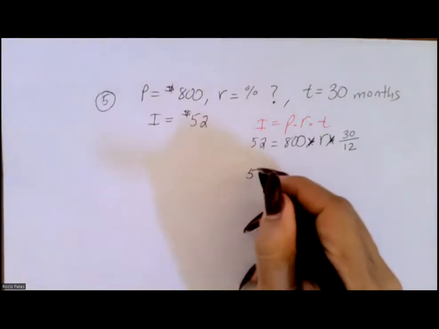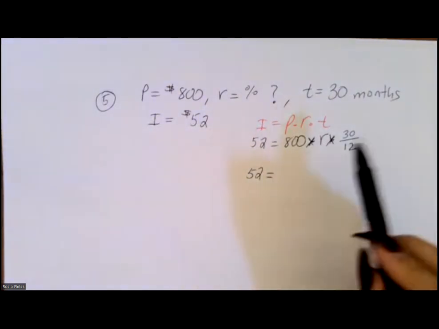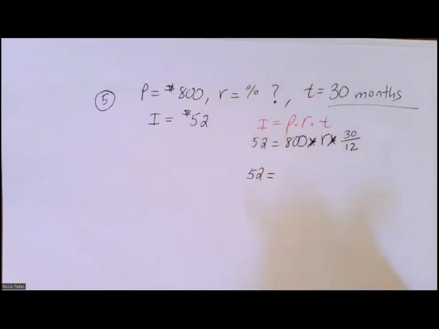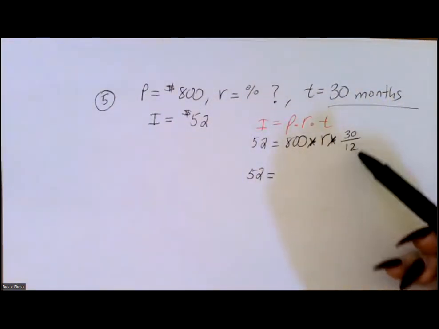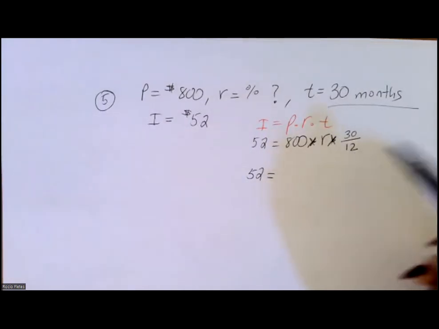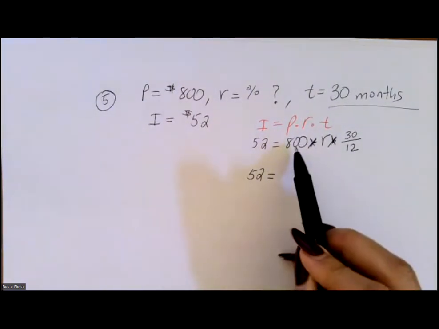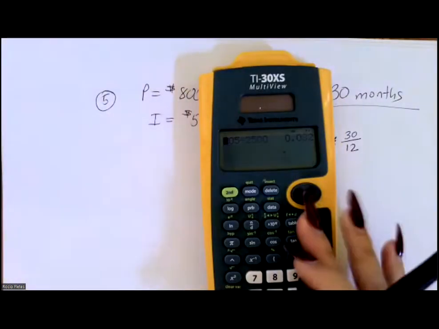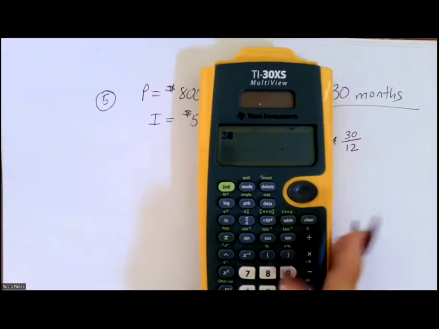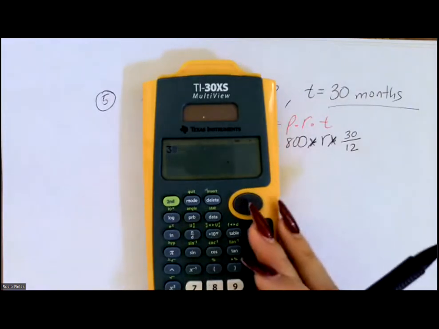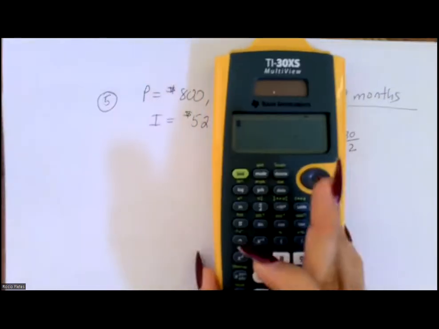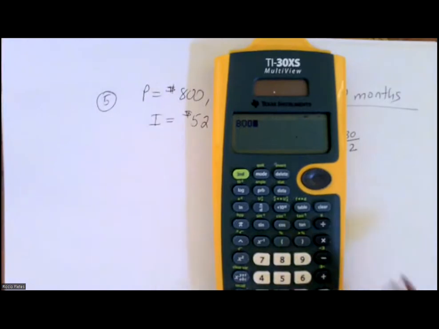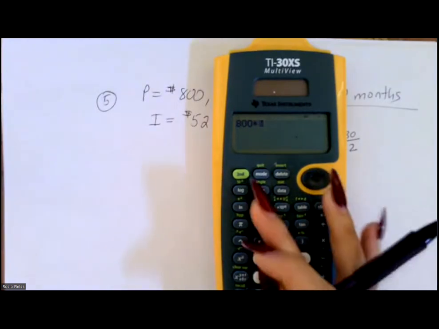Now you're going to multiply 800 times 30 over 12. So let's see what that gives us.